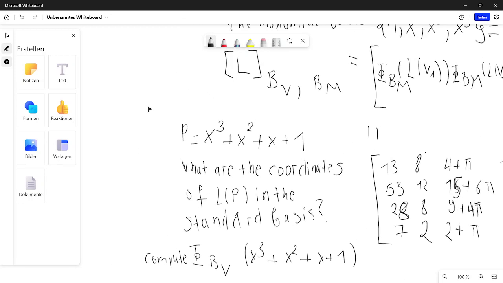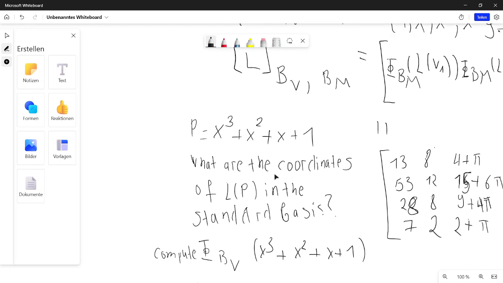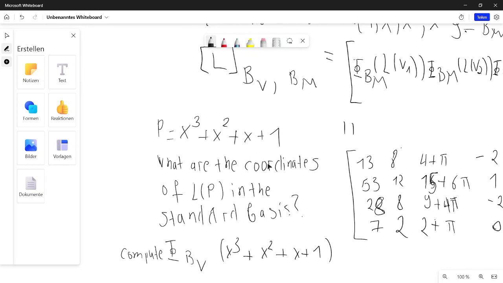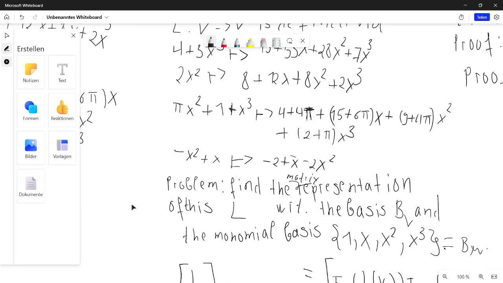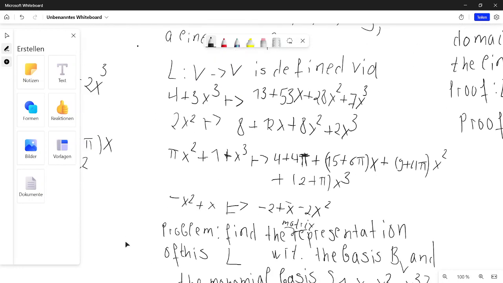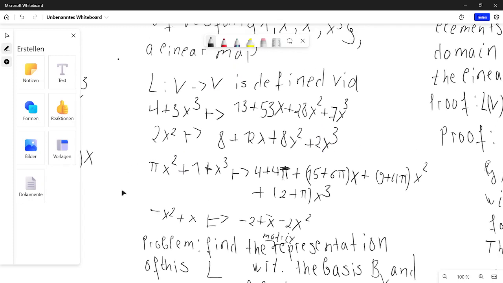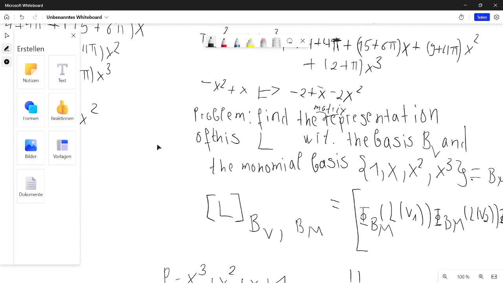And now imagine you would have to determine these coordinates not in the standard basis. Oh, okay, we would have another matrix. So we could compute it, of course, but even in the standard basis already, if you just don't know how the matrix representation works, good luck determining that, right?